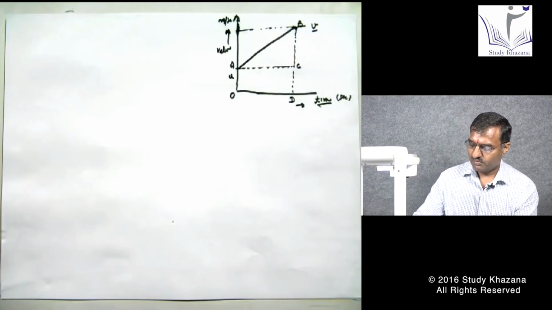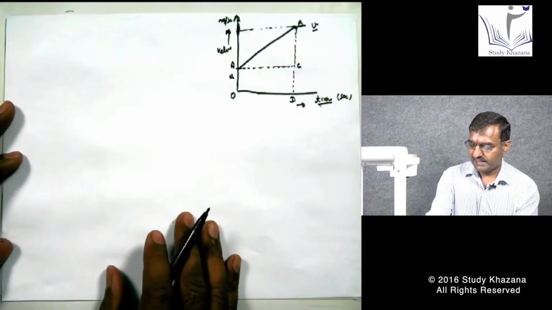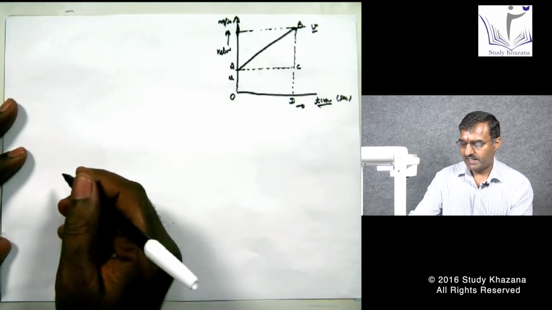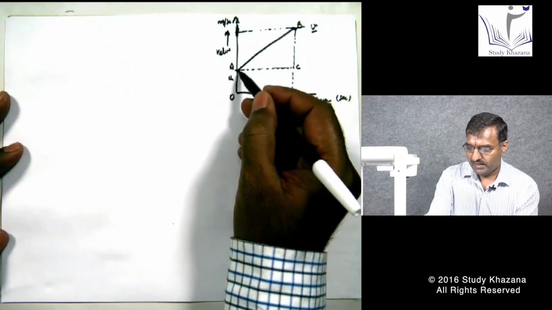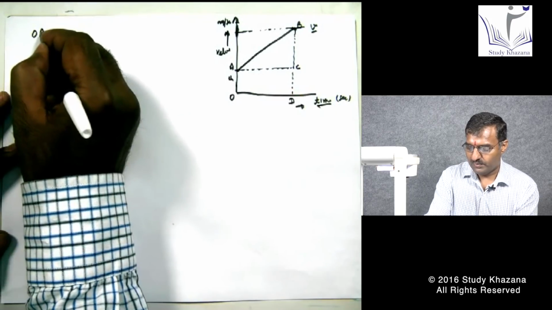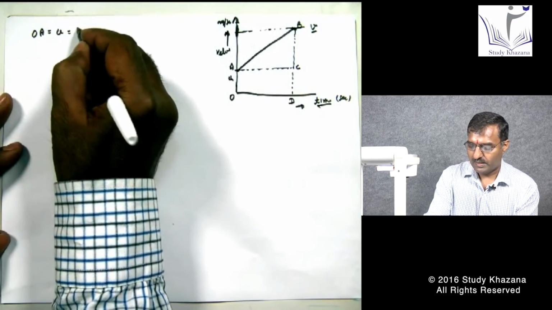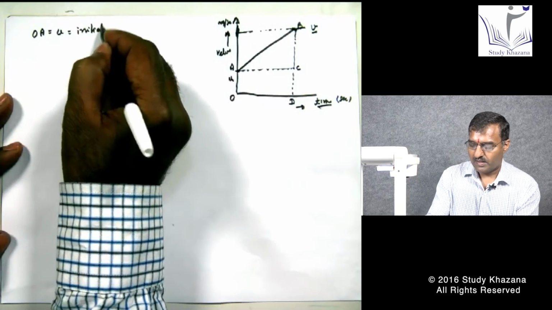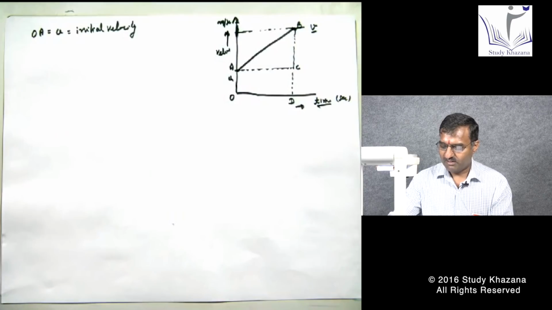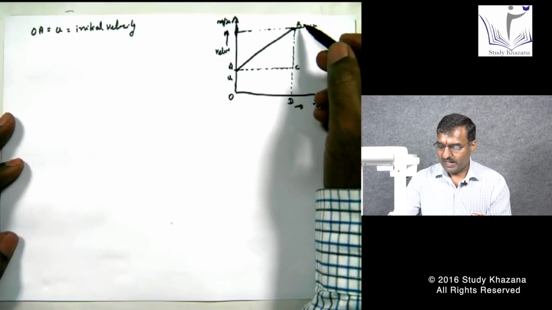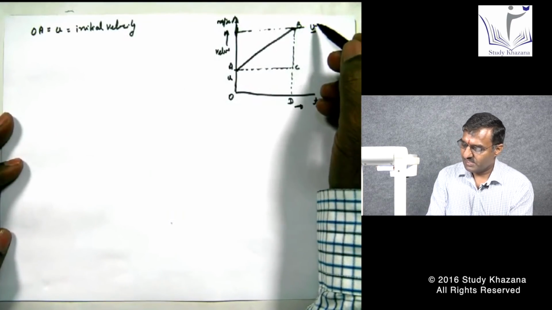So from this graph I can write, if an object is moving with an initial velocity, OA equal to u equal to initial velocity, and it reaches the final velocity at point B, which is v.